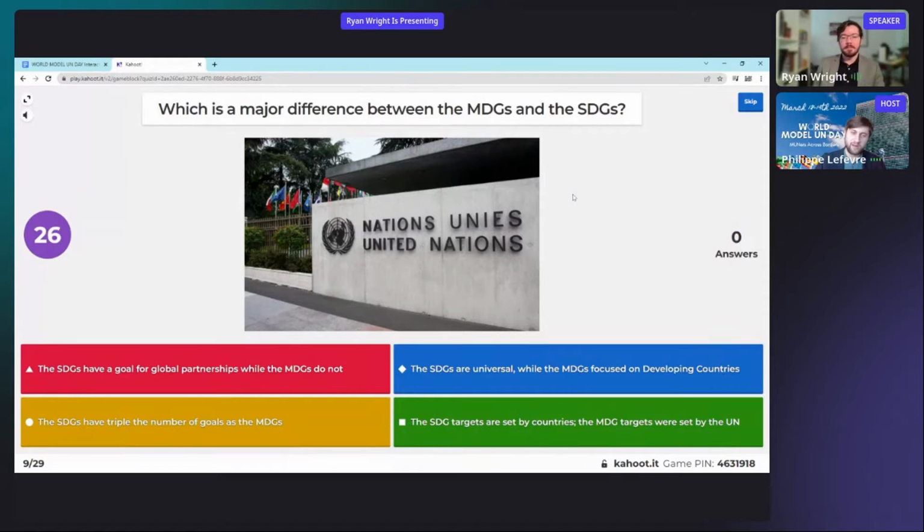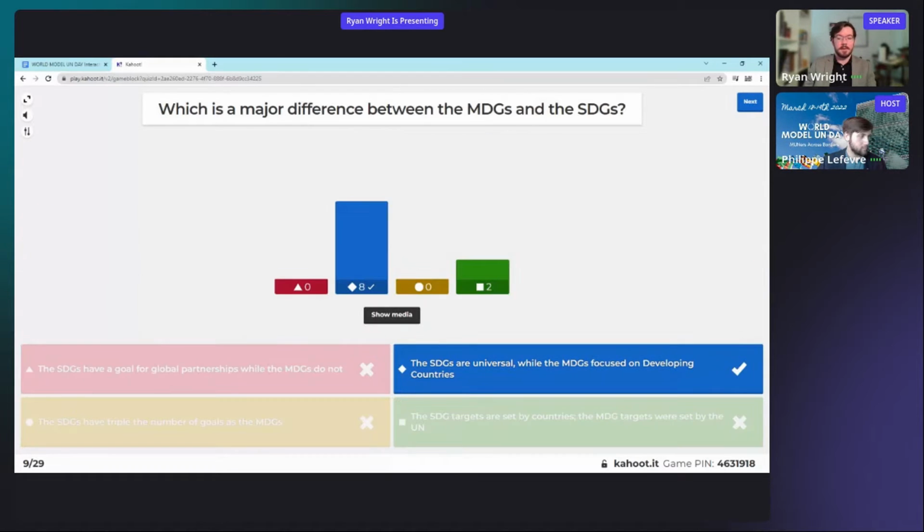So what is a major difference between the Millennium Development Goals and the Sustainable Development Goals? SDGs have a goal for global partnerships, while the MDGs do not. SDGs are universal, while the MDGs focus on developing countries. SDGs have triple the number of goals as the MDGs, or the SDG targets are set by countries and the MDG targets were set by the UN.